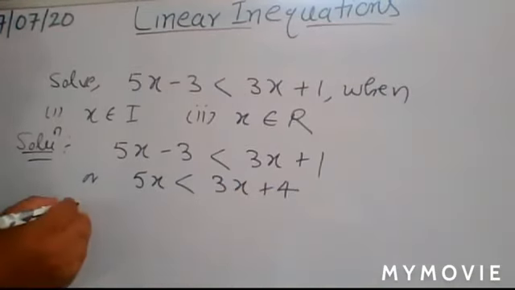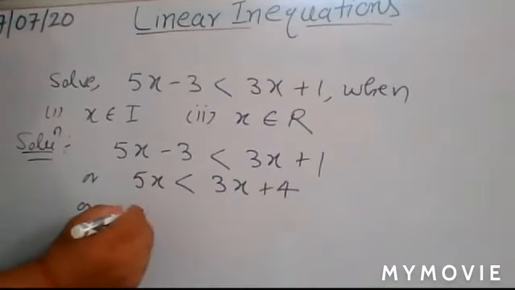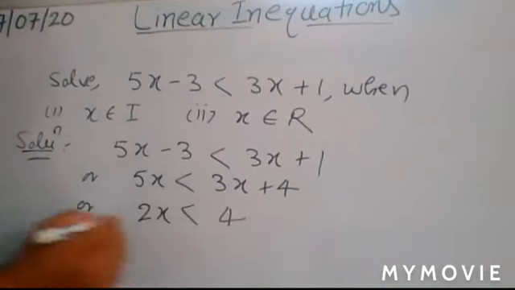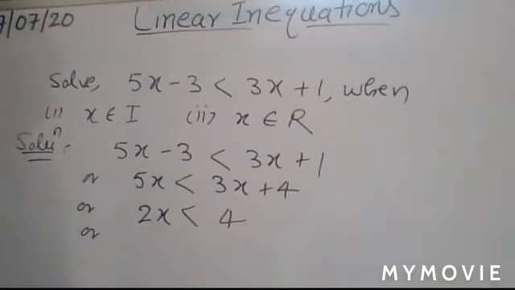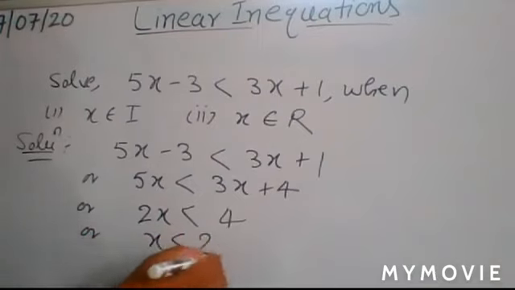Now subtract 3x on both sides. So you have 2x less than 4. Now divide both sides by the positive number 2. So you have x is less than 2.